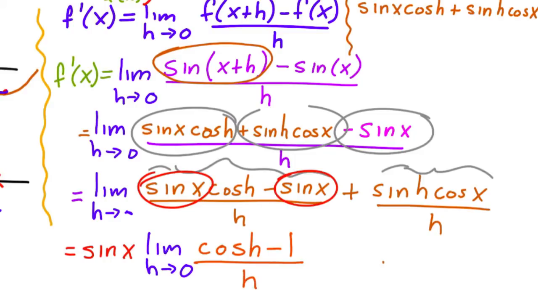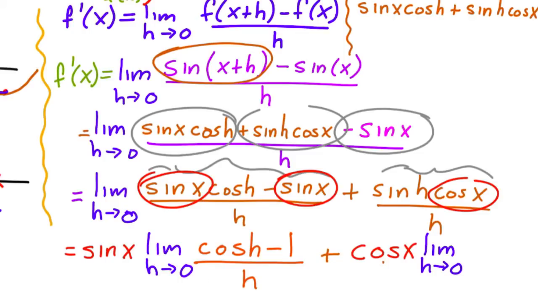Okay, and then you've got plus, now notice here also cosine of x can be taken outside of the limit as well. So I'm going to take cosine x out, and I'm going to rewrite the limit as h approaches 0. Now this is using the limit laws. Remember, you can break up the sum. The limit of a sum is equal to the sum of the limits. So I can break that up. And then of sine of h over h.